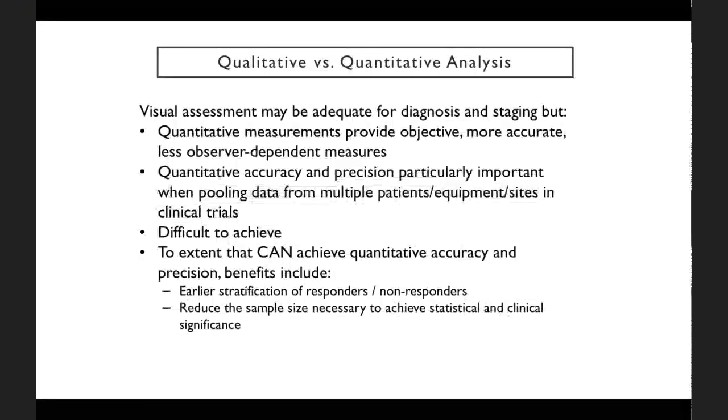It's not easy to achieve this, but the reward is that the more you can move towards being quantitatively accurate and precise, the earlier that, for instance, in oncology, you can identify those who are responding to treatment versus those who are not. And in clinical trials, if you have better statistical and clinical significance, you may be able to get the answer with fewer scans.